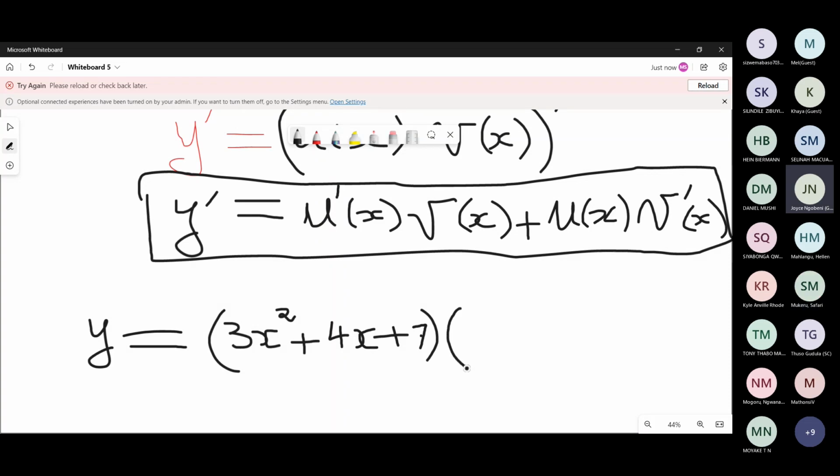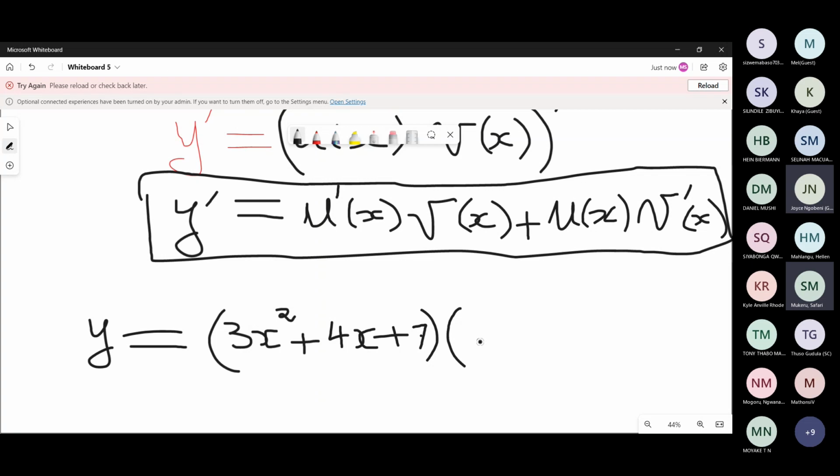Let's make it a bit complicated. I'm teaching the product rule, right? So I want to have a product of two functions. Now give me another function, please. Can I take the natural log function? Whatever you want, you are free.